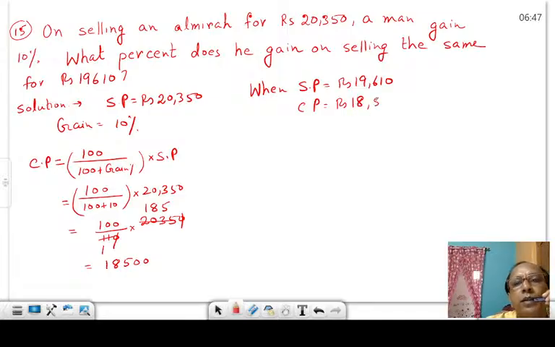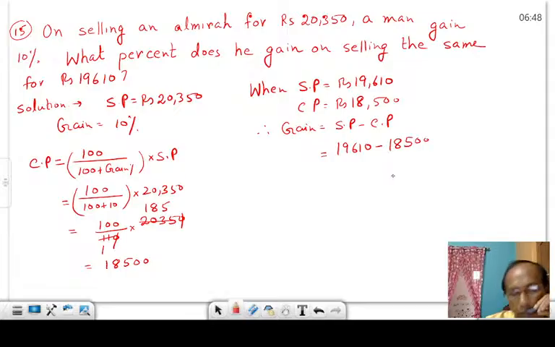You know that the gain is equal to selling price minus cost price. The selling price is 19,610 minus 18,500. Therefore, we have to subtract this number and we will get the answer.